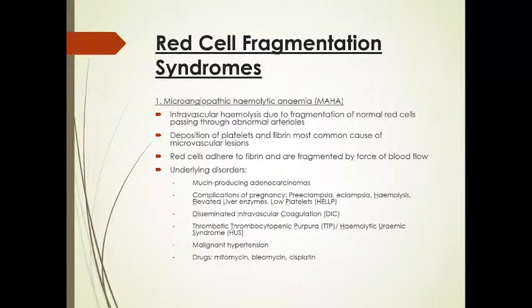And so we do get these clots forming in the smaller vessels, and then your red cells are shredded as they pass through them. Some drugs like bleomycin and cisplatin, we should see quite a bit as you rotate through your oncology units. I think 8C, and maybe if you come to us in 3D for PETs, patients can get these MAHAs or TMAs as they're now called.